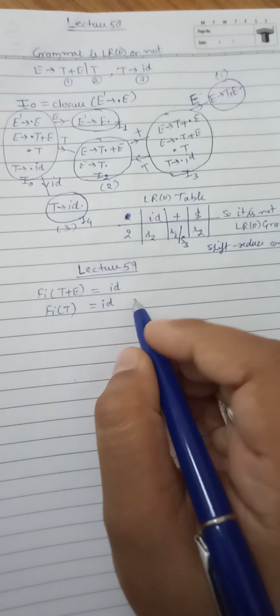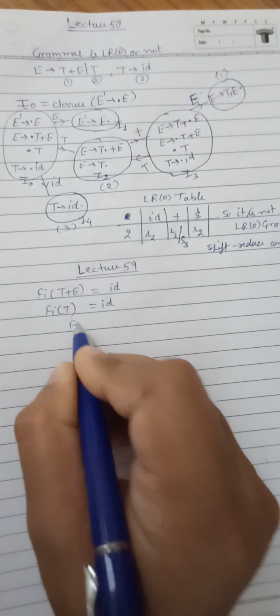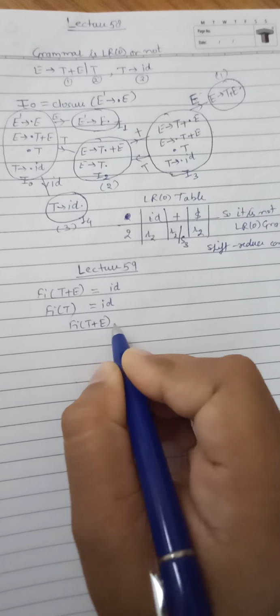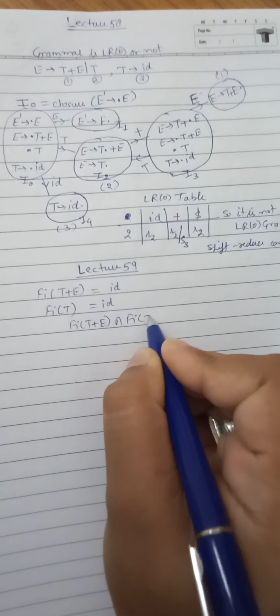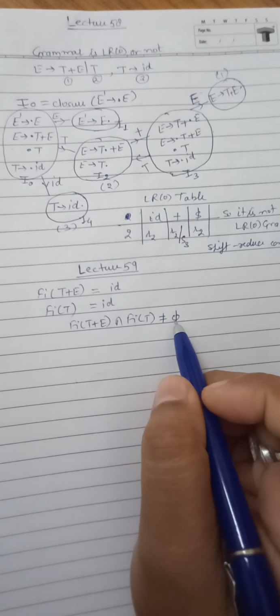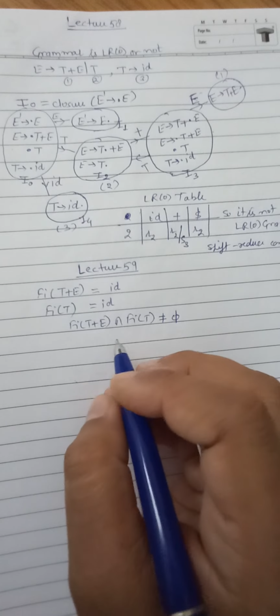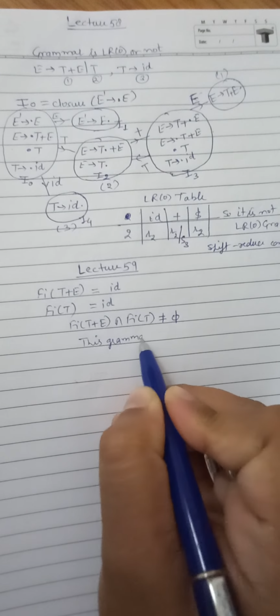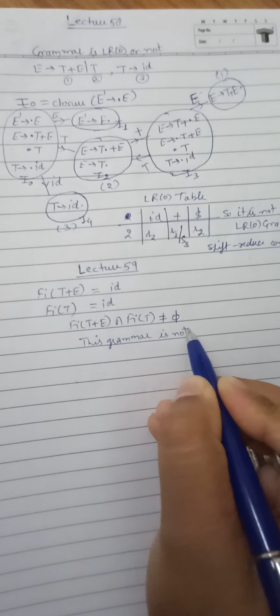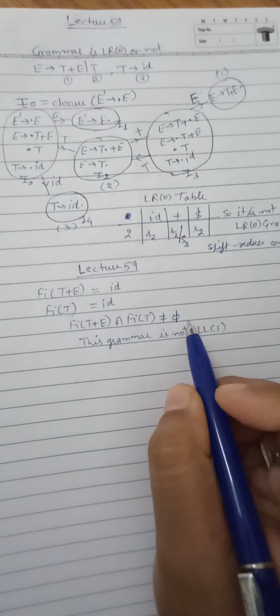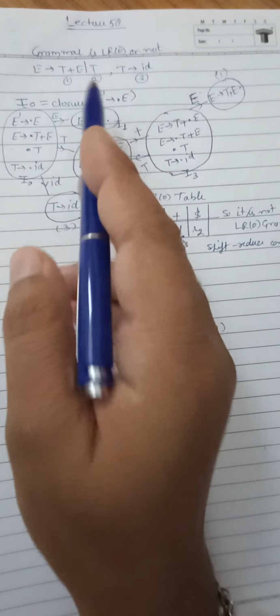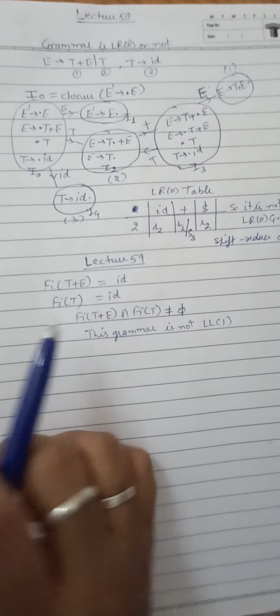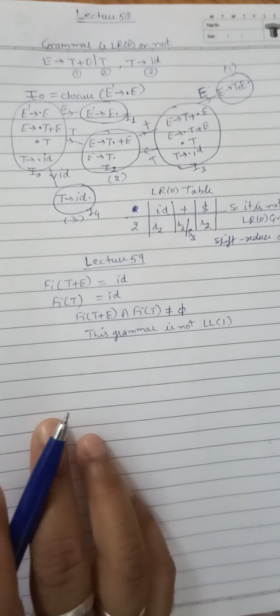So we can say simply first of T plus E intersection first of T is not equal to phi, because both are common, both should be uncommon. That's why it is not equal to phi. So we can say this grammar is not LL(1), because in both the productions the first is common.